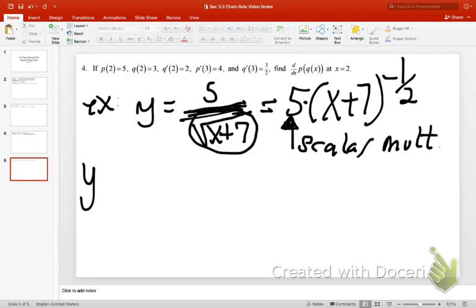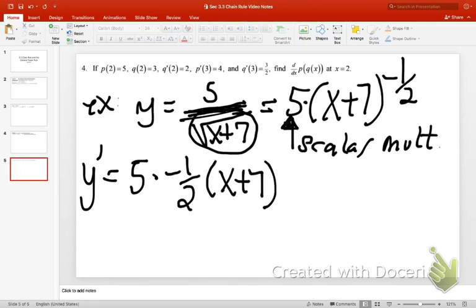So if I do the derivative of this function that we've algebraically simplified, 5 is just our scalar multiple. Now, the outside function is like we had something all to the negative 1/2, so that negative 1/2 is our outside function, and our composed function, or our g of x, is x plus 7. So if I do the derivative of the outside function, it's taking that negative 1/2, we leave the inside like it is, power minus 1, times the derivative of the inside.